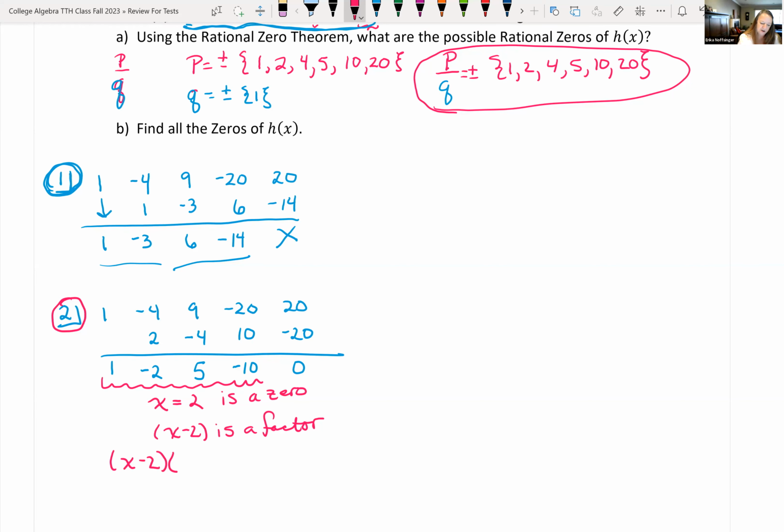We start 1 degree less, and we had a degree 4 polynomial. So this is degree 3. These are the coefficients starting at degree 3. So that would be 1x cubed. So x cubed minus 2x squared plus 5x minus 10.